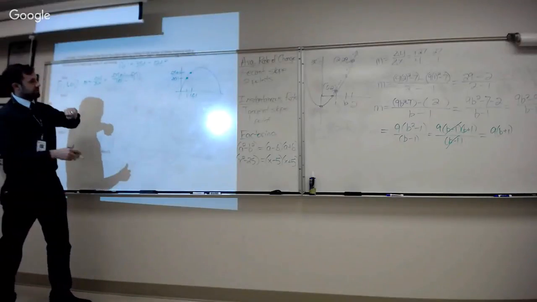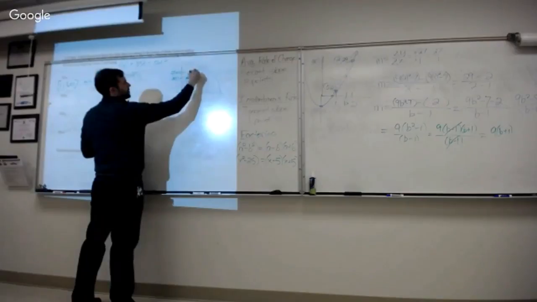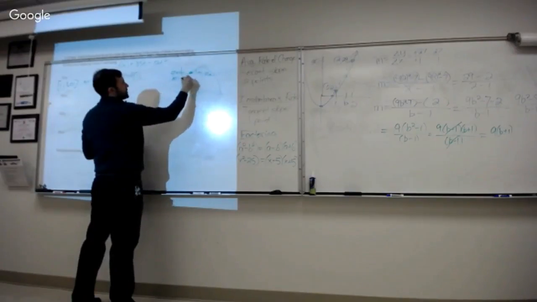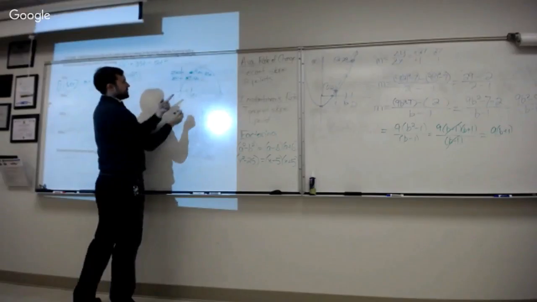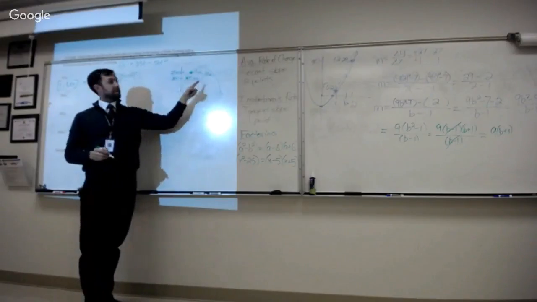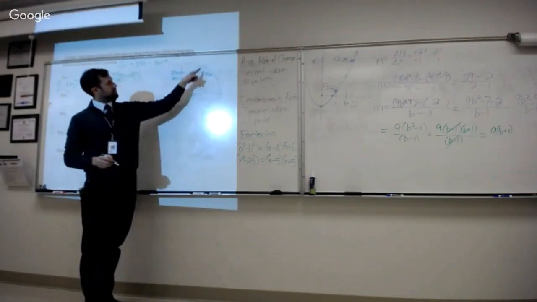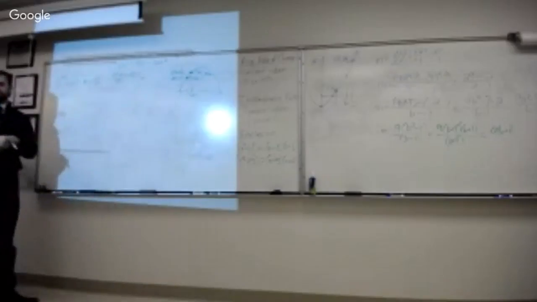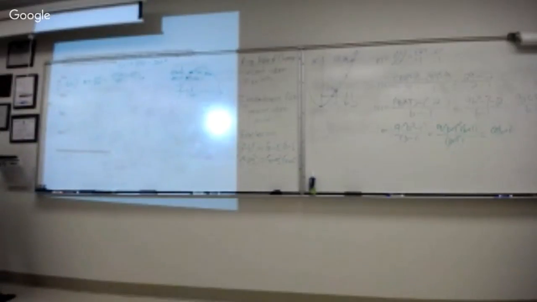So if this coordinate is 1.01 comma f of 1.01, and this coordinate is 1 comma f of 1, then we're just doing the slope formula: y2 minus y1 over x2 minus x1. And that's exactly what we've written down here. So how do you finish this problem? Use your calculator and plug it in. So really, this is very much like the previous problem.